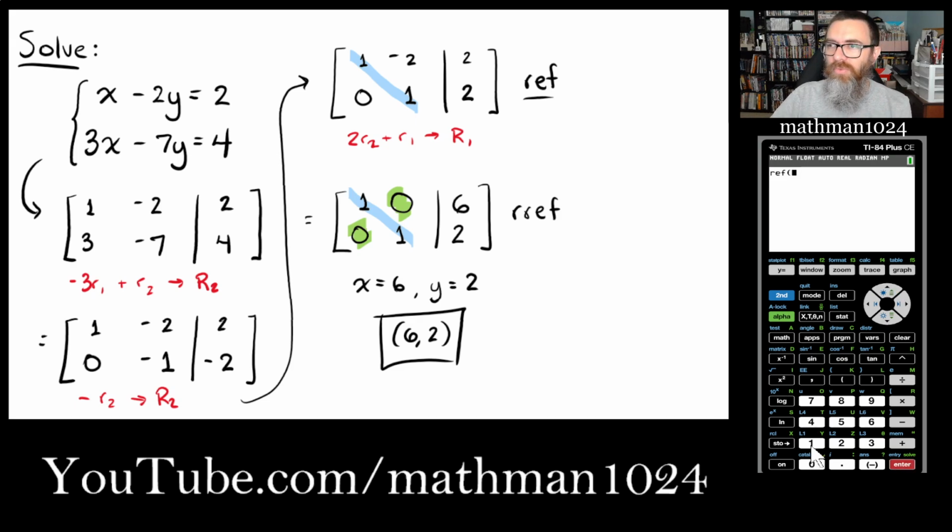If I do row echelon form of matrix A, so we come back here, grab the matrix, hit enter to select that, and it tells me that my row echelon form is, well, that's different than what I have. I think I must have typed something into the calculator incorrectly.